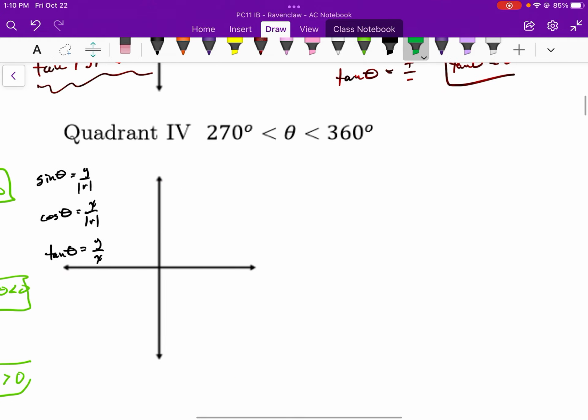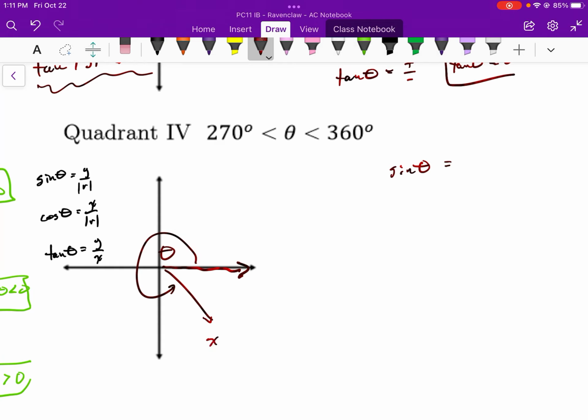Last but not least, motoring through here. Sine theta is my y-coordinate divided by my radius vector r. So there is the angle in quadrant number 4, and we'll call this theta. So I know that my x's are positive in quadrant number 4 and my y's are negative.